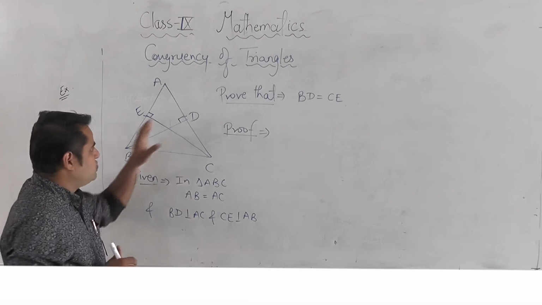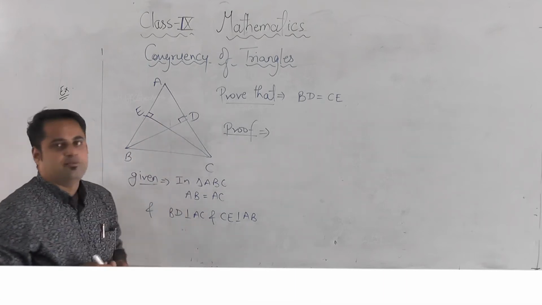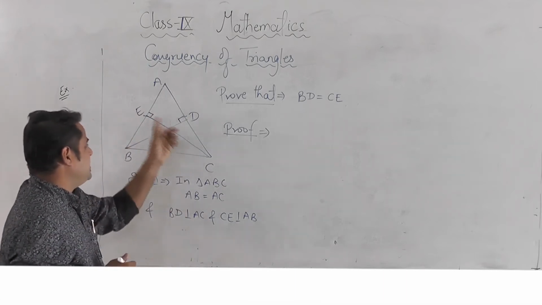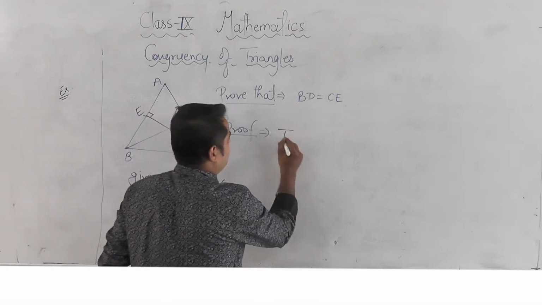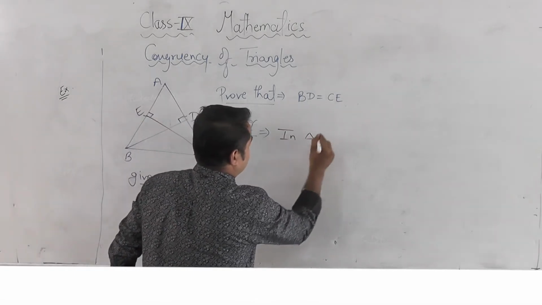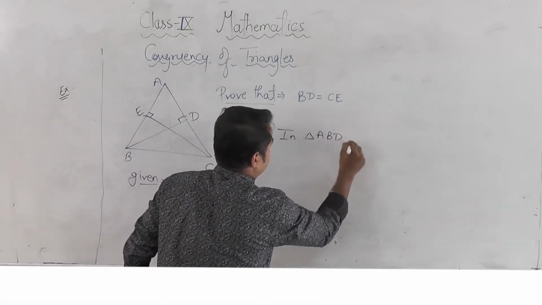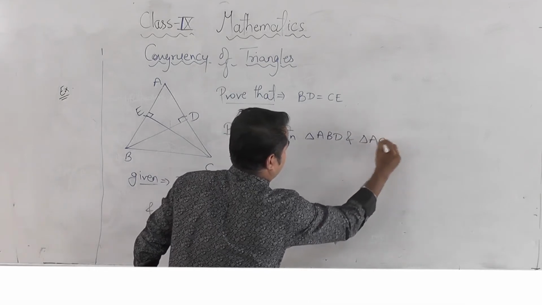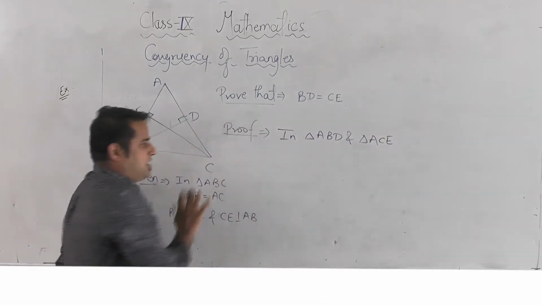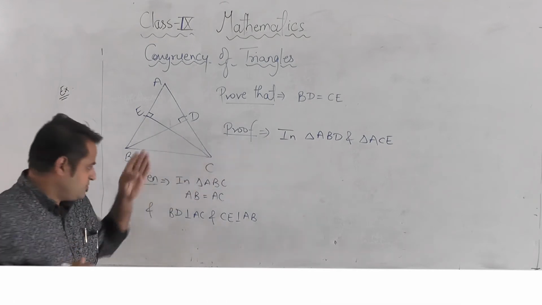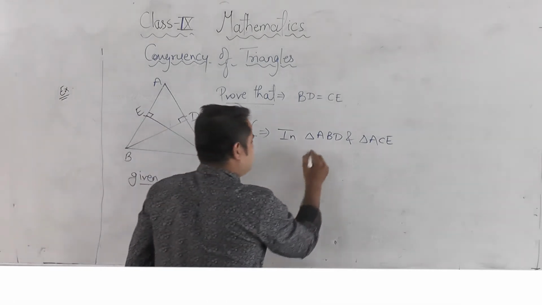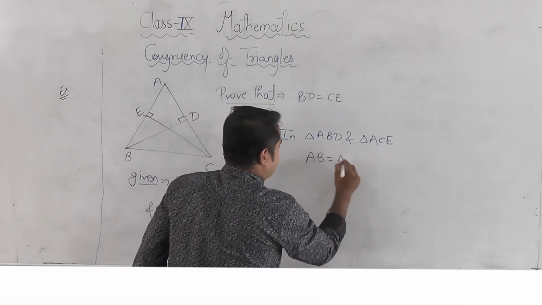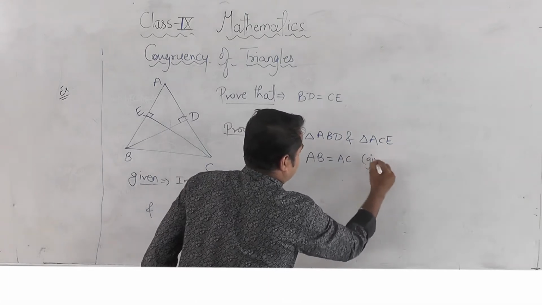So that's why we are choosing the triangles in which AB and AC come. So we are choosing triangles ABD and ACE. So in triangle ABD and triangle ACE, first of all, because of this choice, we are taking AB and AC as a comparison, which is given already in the question.